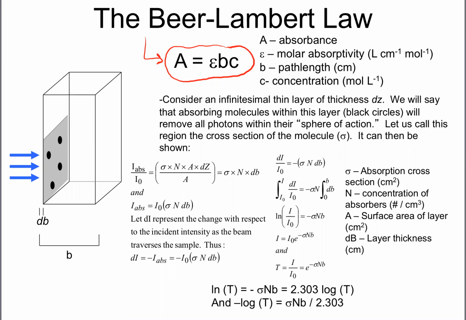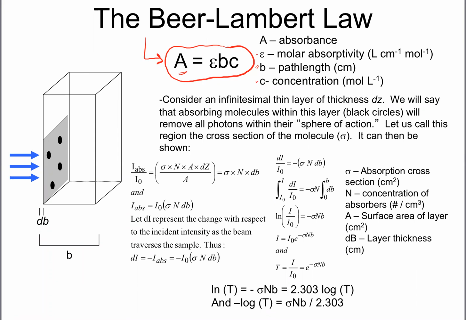What the Beer-Lambert law says is that the absorbance A is equal to epsilon, the molar absorptivity, times the path length times the concentration. If you multiply path length, concentration, and the molar absorptivity together, you get this absorbance that we're going to talk about, okay?